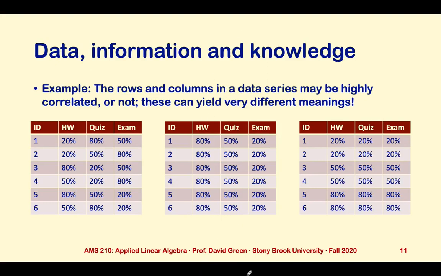Maybe it's poorly structured in some way. Maybe exams are too hard, for example, and quizzes sort of in between. But also, every student is getting exactly the same score. If every student is getting exactly the same score, it hardly seems that there's a lot of point to evaluating a score for these various tasks.